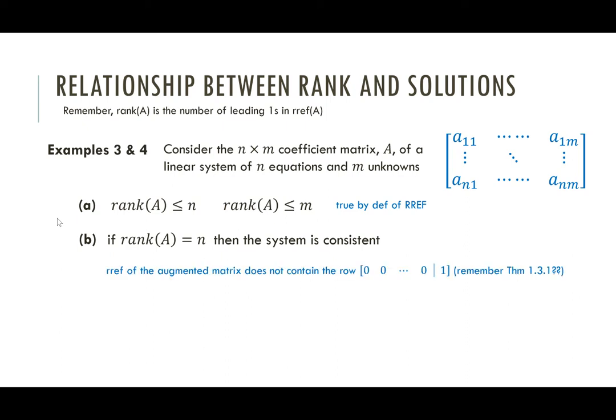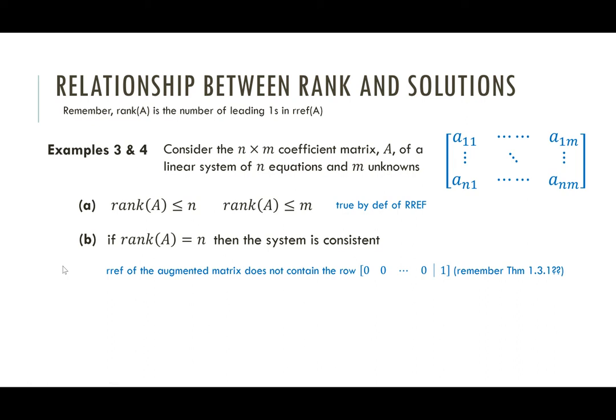The idea here is that if the reduced row echelon form of the augmented matrix does not contain this row, which happens if the rank is equal to n, because this would be a row with no leading ones in the coefficient matrix. So if the rank is n, it can't contain this row. And if it doesn't contain this row, then it has to be consistent by that theorem 1.3.1.